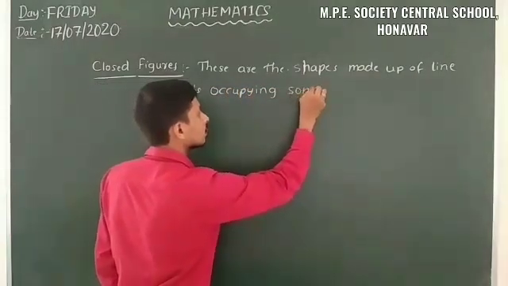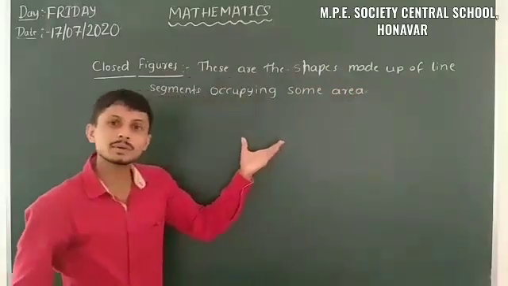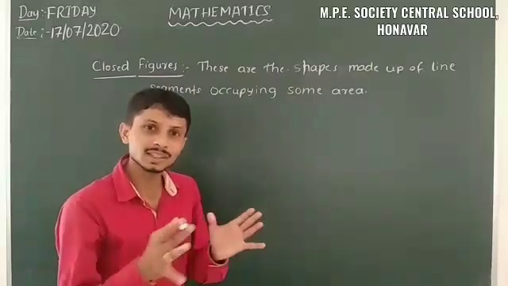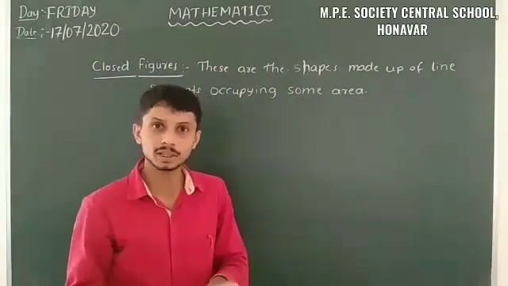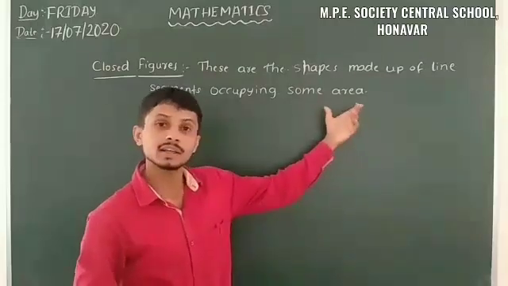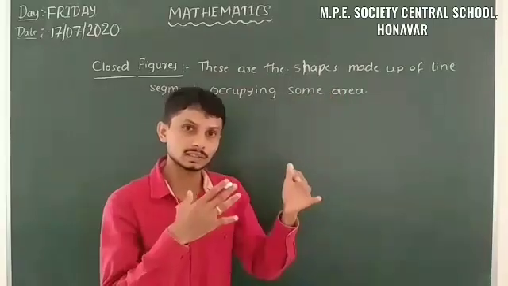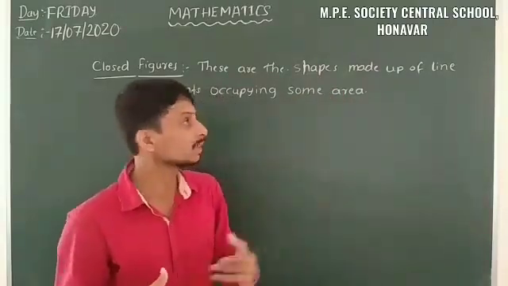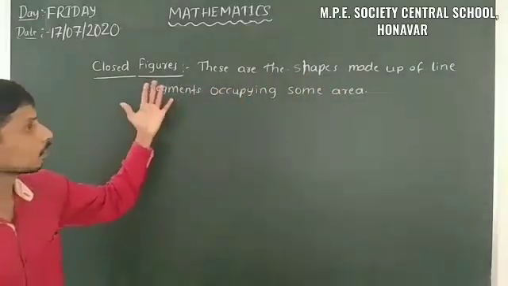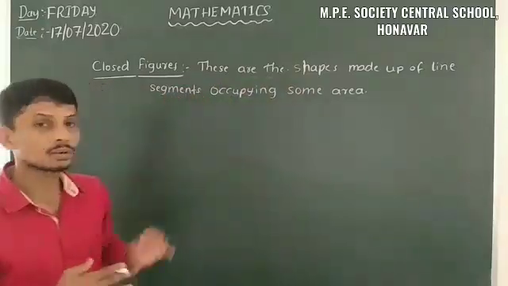We already learnt about area. Area means some surface, some part of the surface or some part of the ground. We learnt area in the last classes. The closed figure means these are the shapes made up of some line segments occupying some area. So these are the closed figures.